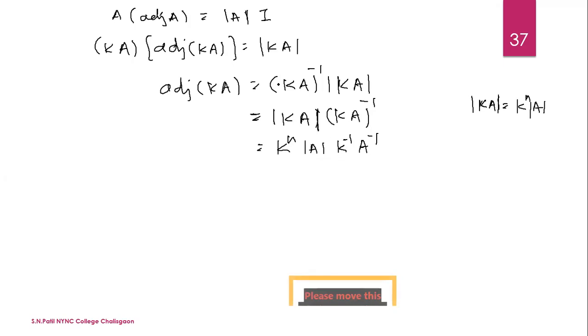Now it can be written as K raised to n minus 1 and determinant of A into A inverse.